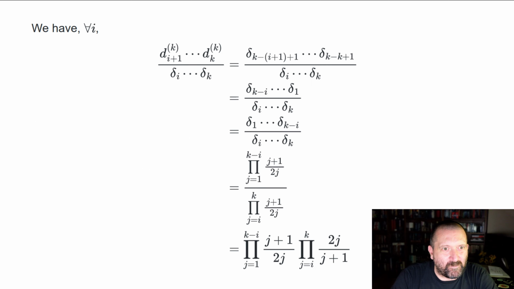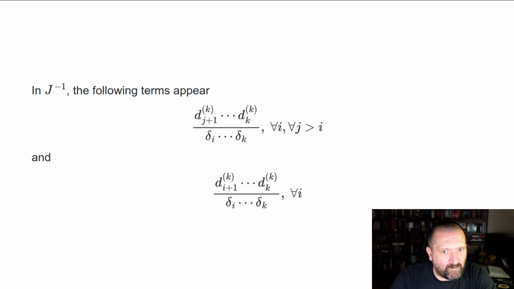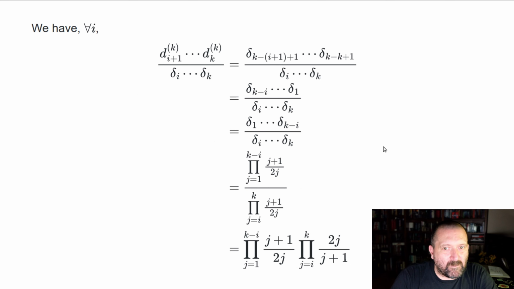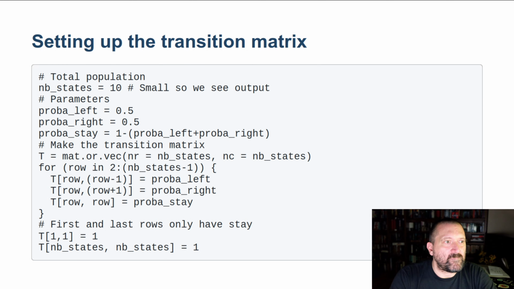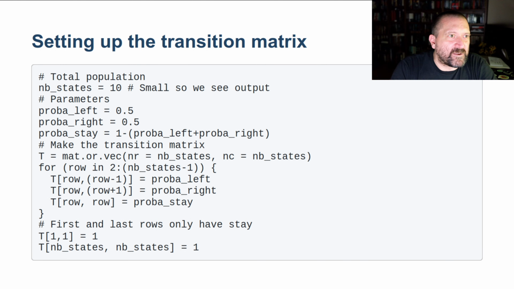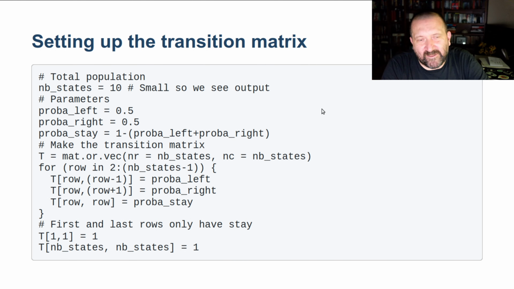You get to some point where J inverse is the matrix that I want, and I can compute explicitly those terms. Because it's easy to do numerically, let's not worry about this. I just wanted to point out that there actually is a way to do it explicitly.